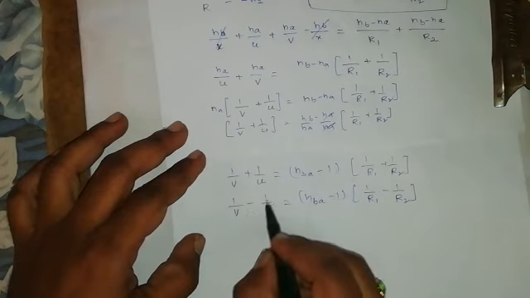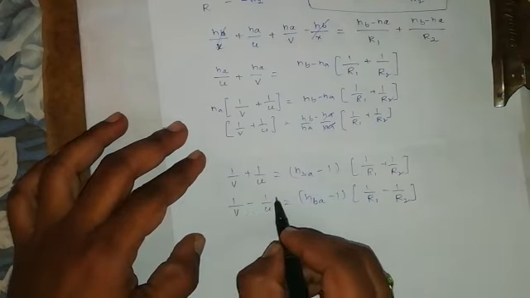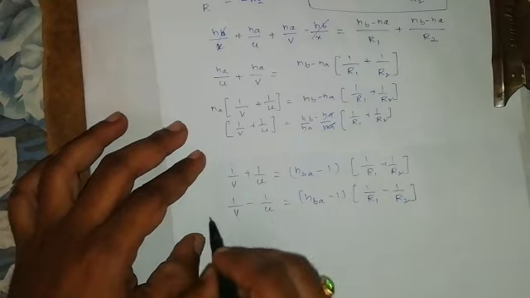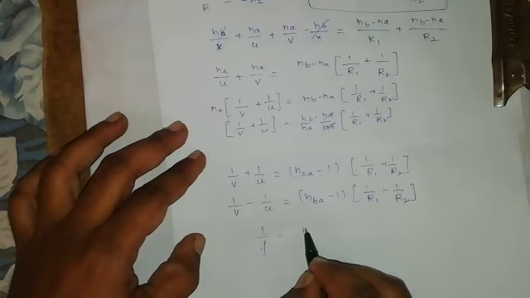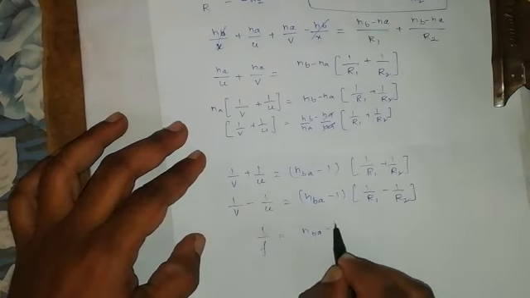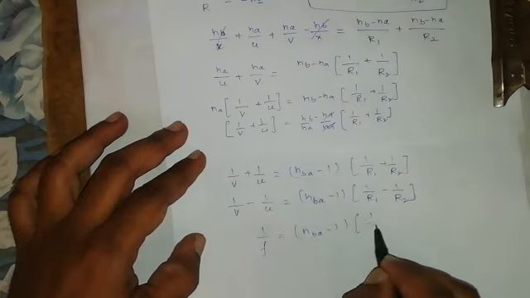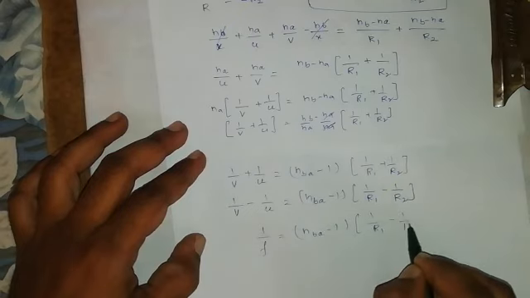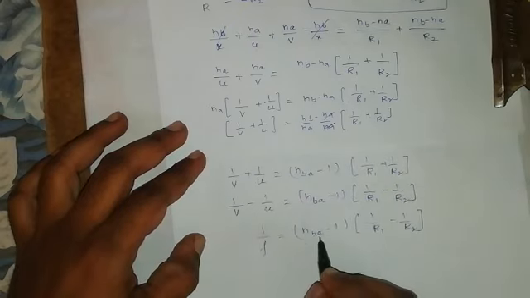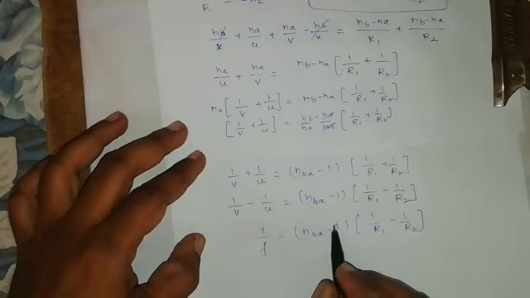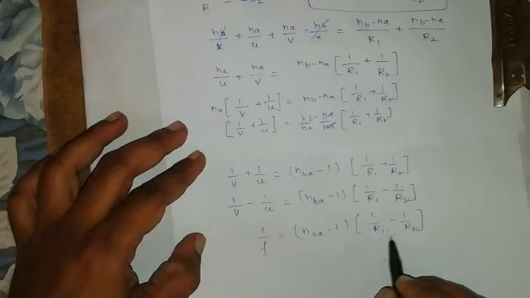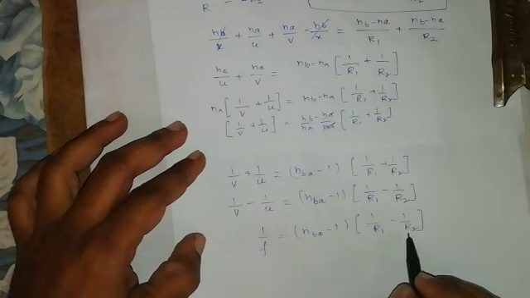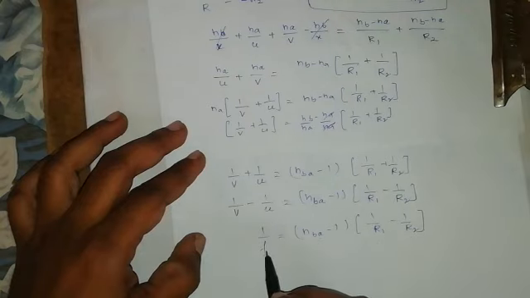Here 1 by v minus 1 by u, according to the lens formula, is the focal length of the lens. So 1 by f is equal to nba minus 1 into 1 by r1 minus 1 by r2, where nba is the refractive index of the second medium, that is the medium of the lens, compared with the surrounding medium, r1 and r2 are the radii of curvature of the lens, and f is the focal length.